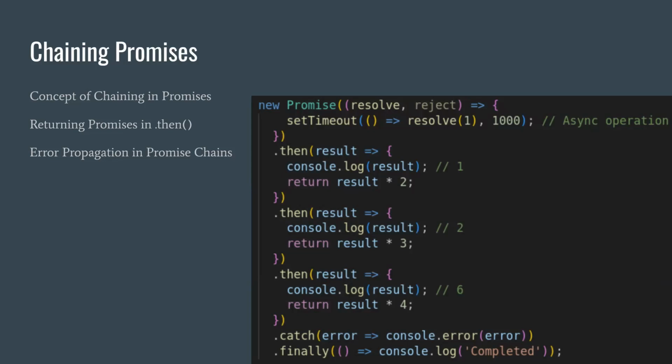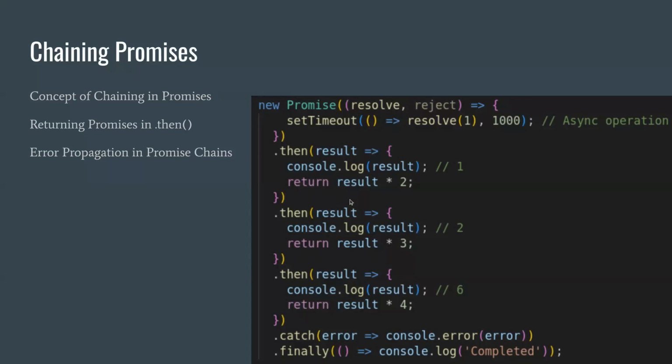So each then block, as you can see in the example, receives the result from the previous block. So the previous block is here for this then, and the previous block is here for this then, and so on.